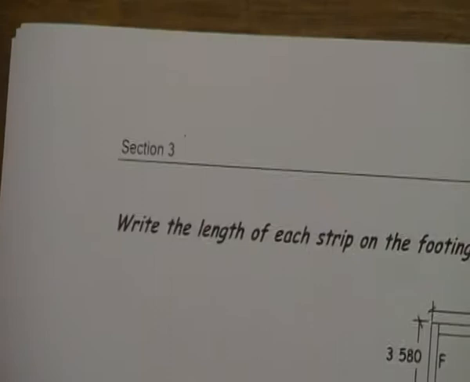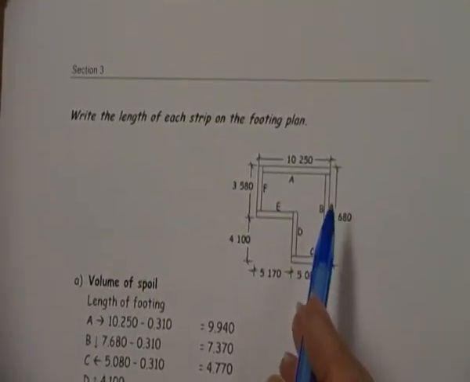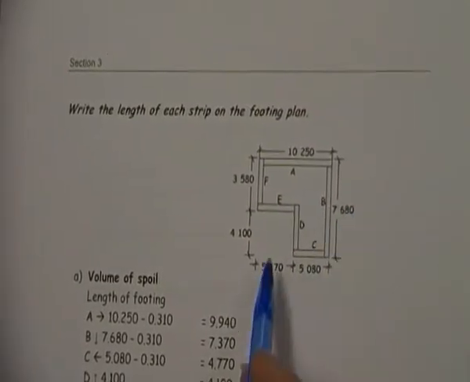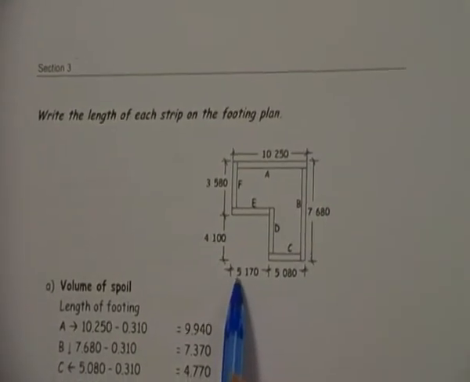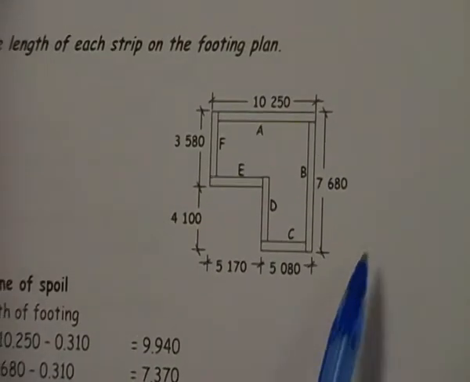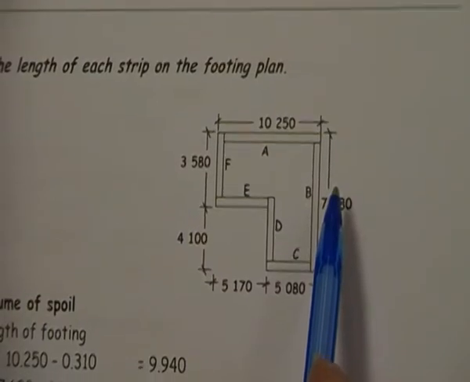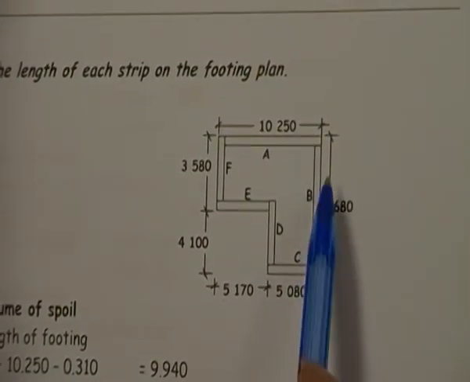So if we just come over the page, we're going to have our new dimensions here. So if I have my length of the wall was 5.17 plus 5.08, and then I'm going to add my X factor of 40 and 40.